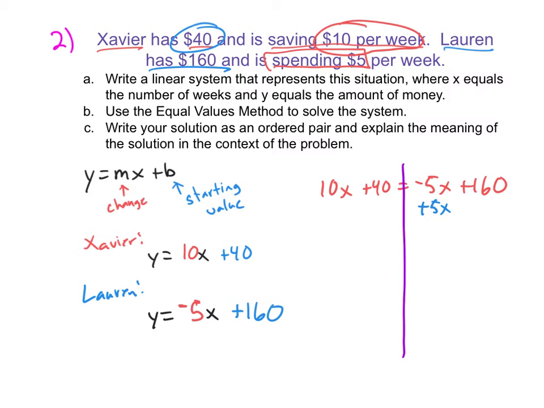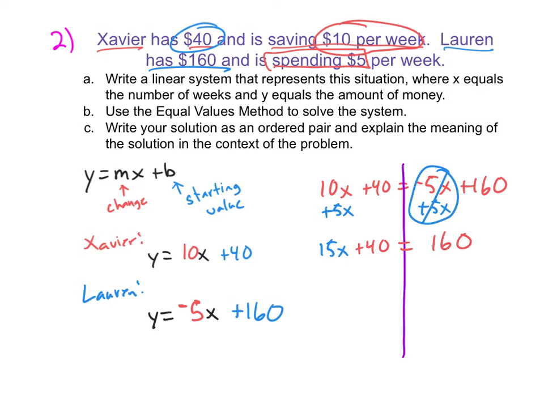Negative 5x, if I add 5x, that'll create a 0. But if I do it to one side, I need to do it to the other side. So 15x on the left side. My negative 5x and positive 5x create a 0 pair, and everything else is going to stay the same. So I end with 15x plus 40 is equal to 160.